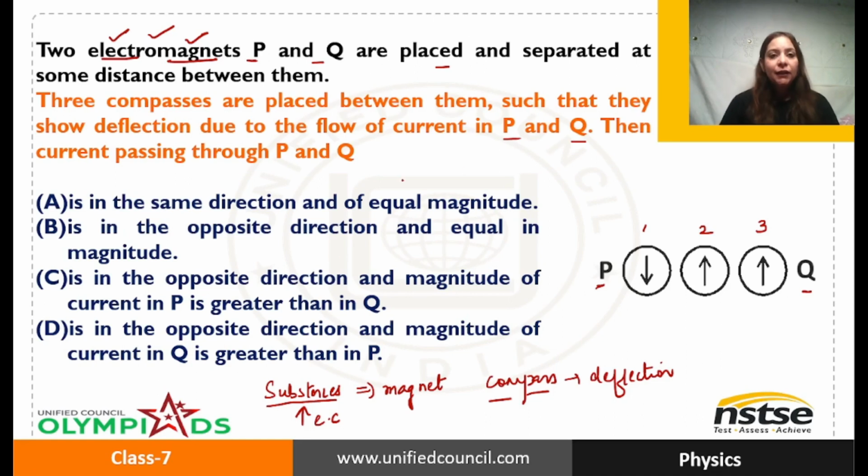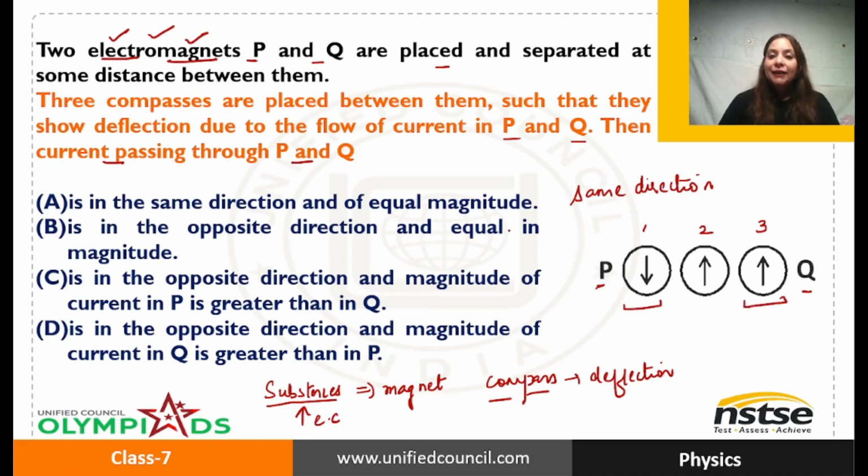Now here we need to pinpoint the current passing through them. If the compass needle deflects in the same direction, which is not seen in this case, the current passing through them is in the same direction. But here you can see that in compass needles 1 and 3, the deflection is opposite.